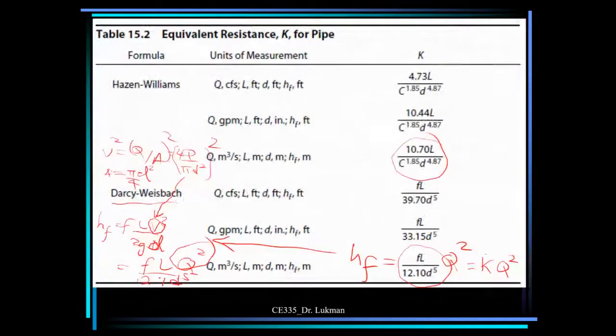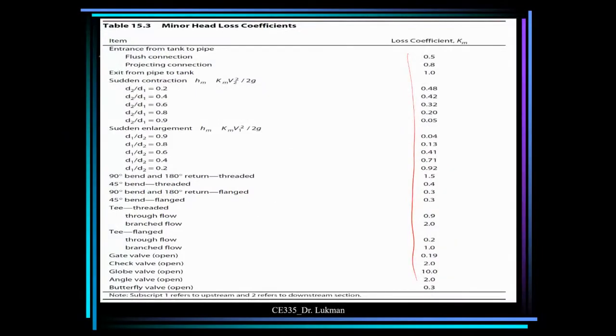This one. Entrance loss, entrance from tank to pipe, you can see. Flush connection, so we use 0.8. Exit from pipe to tank, which is 1.